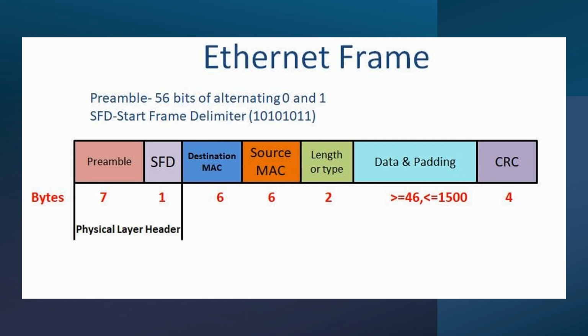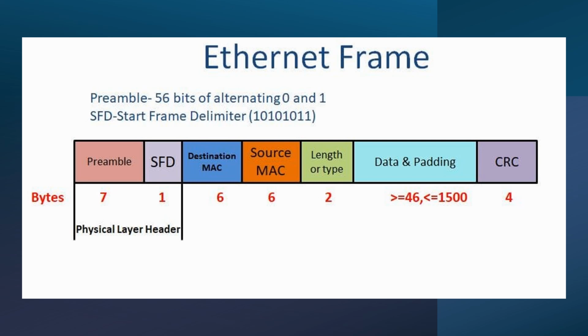There are two types of Ethernet frames: the first is Ethernet 2, and the second is IEEE 802.3.